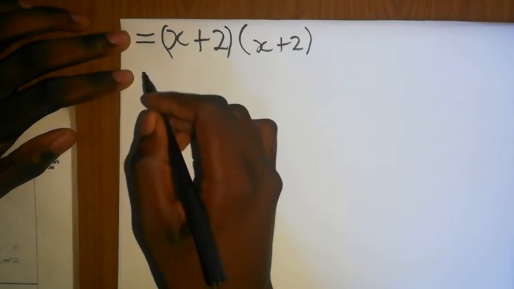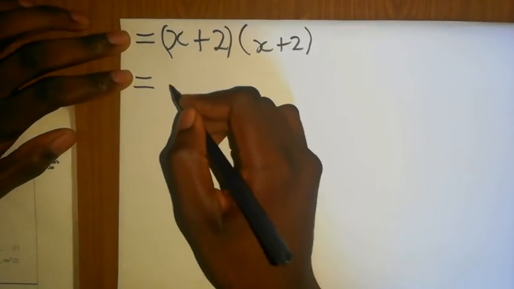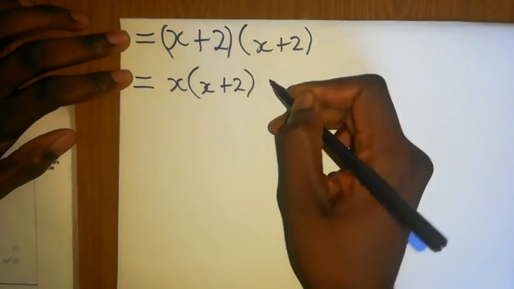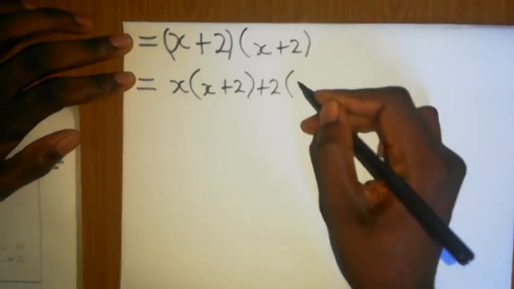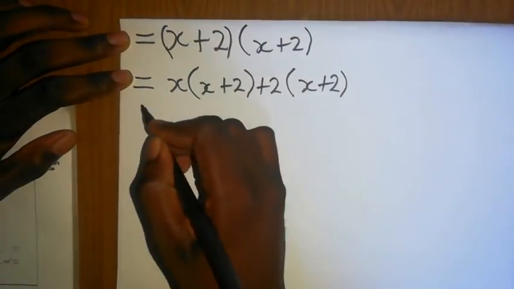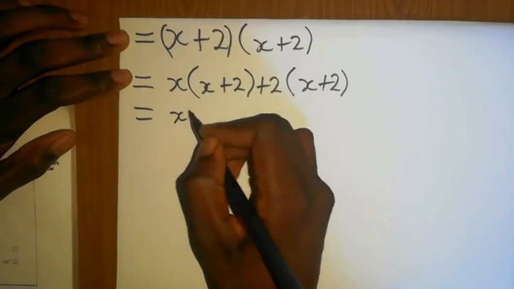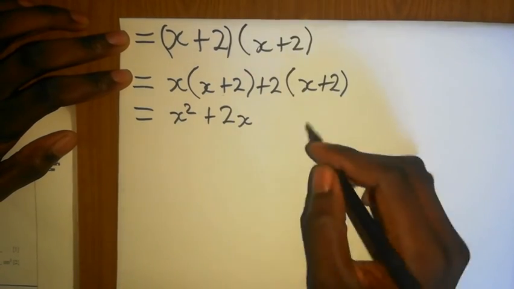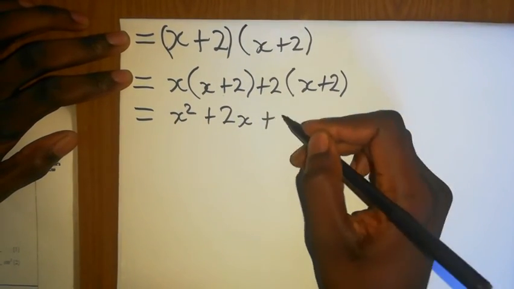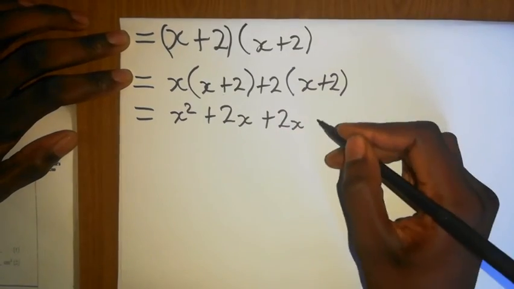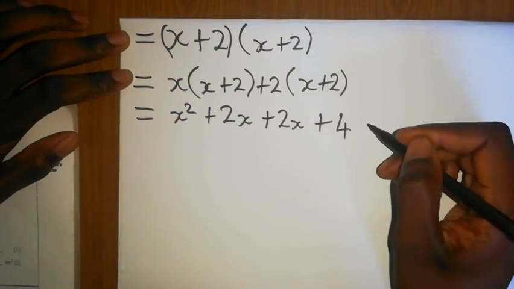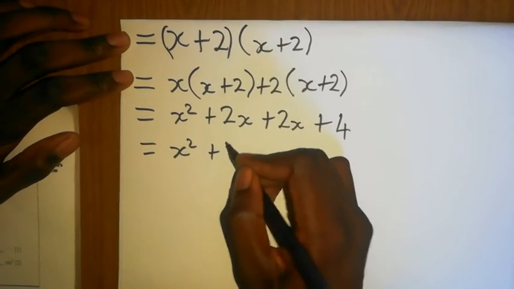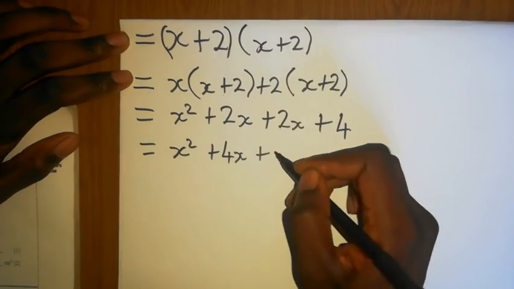As I continue, it's going to be equal to x open bracket x plus 2 close plus 2 open bracket x plus 2. So it's going to be x times x, that's x squared, plus 2x. I'm multiplying every term with that x, then plus 2 times x, that's 2x, then plus 2 times 2, that's 4. It is equal to x squared plus 4x plus 4.